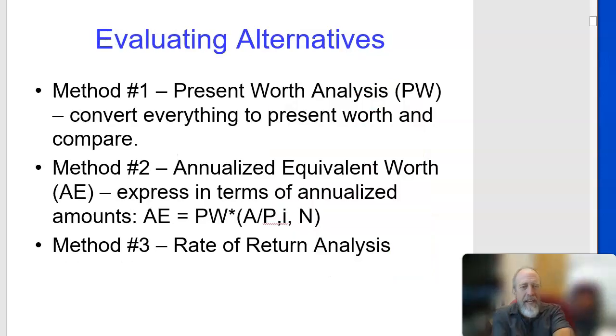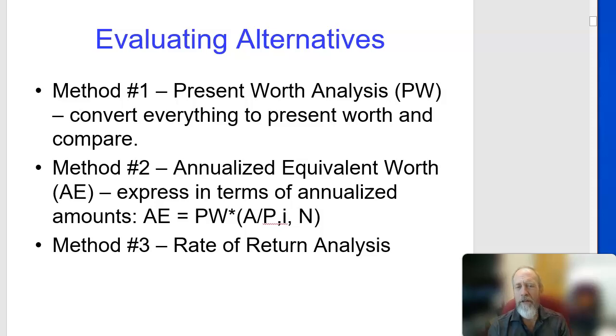We've looked at different ways of looking at alternatives, projects and investments. First thing we looked at was present worth analysis, which was pretty straightforward. We just converted all the cash flows to present worth, and then compared them to see which one was the best or whether it was actually a good positive thing. But then we said, that's not how most people think about it.